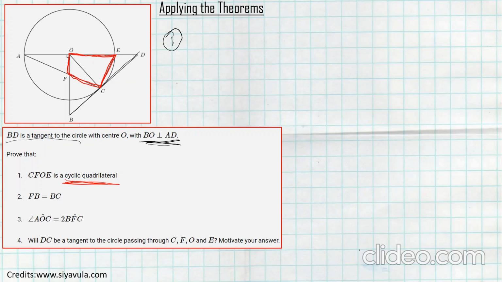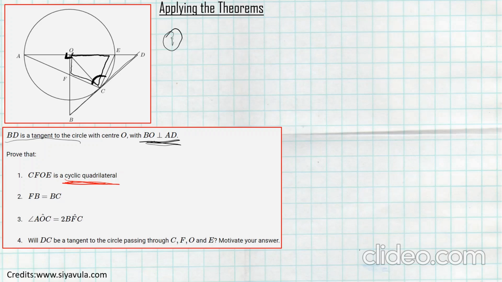We can see that in this cyclic quad there's an exterior angle here, right? Okay, let me just delete those red lines. So this is our quadrilateral. We can see there's an exterior angle of 90 degrees. So if we manage to prove that that angle is equal to this angle here, we can conclude that it's a cyclic quad, because the exterior angle is equal to the opposite interior angle.